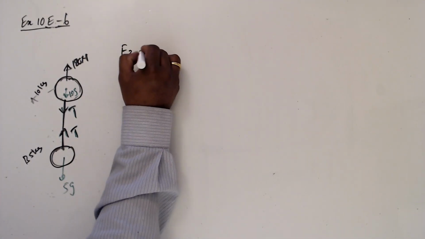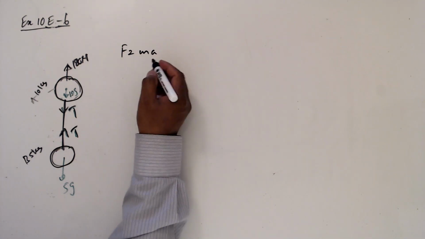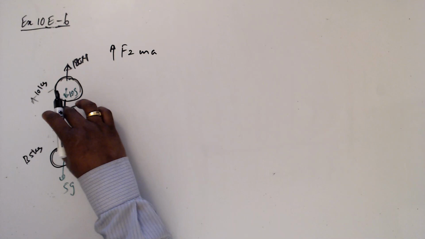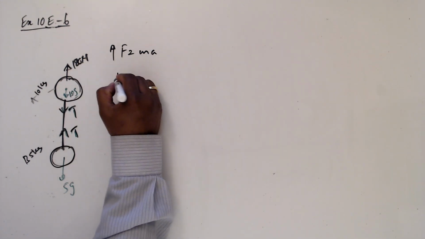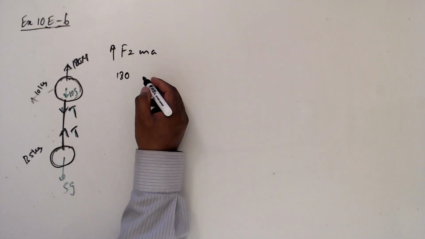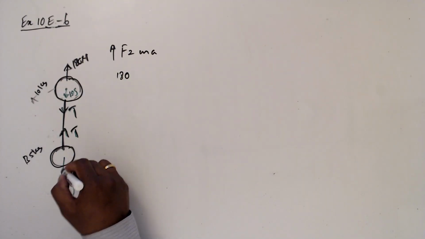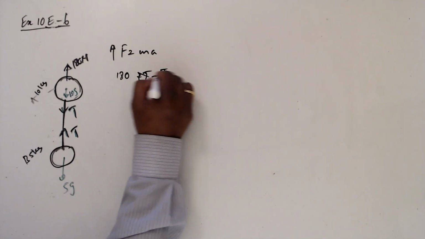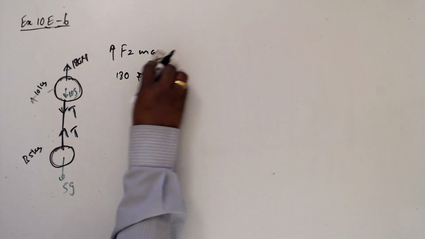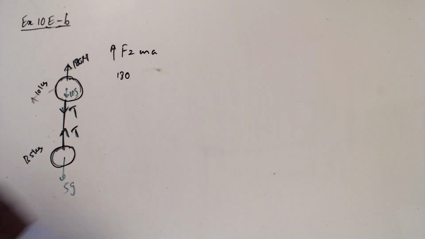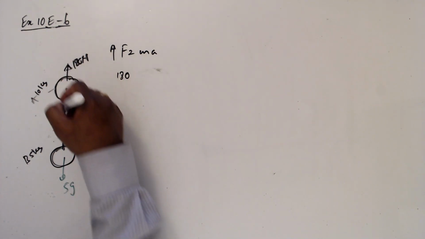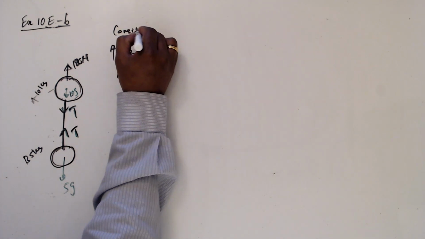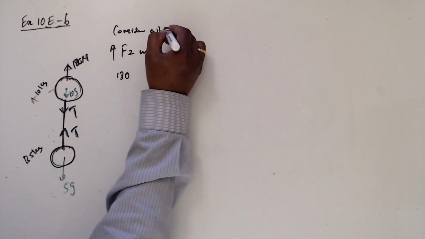So if we use F equals ma, we'll consider the whole setup upward. Then the internal force is cancelling out. We can see 180 upward, and if you write T, you will see plus T and minus T, and on the spot it is cancelling out, so we don't need to write it. So 180, and consider the whole system.